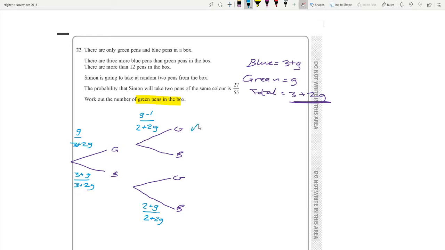Okay, what's the probability of getting a green and a green? We're going to be dealing with algebraic fractions now, so we're going to be multiplying them. So we've got G over 3 plus 2G multiplied by G minus 1 divided by 2 plus 2G.